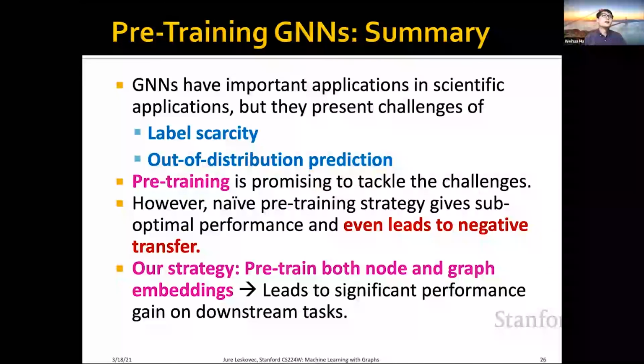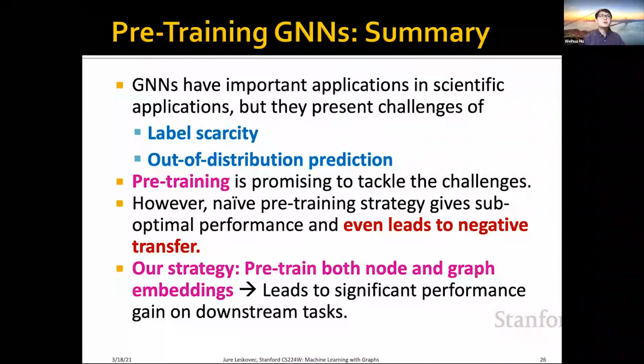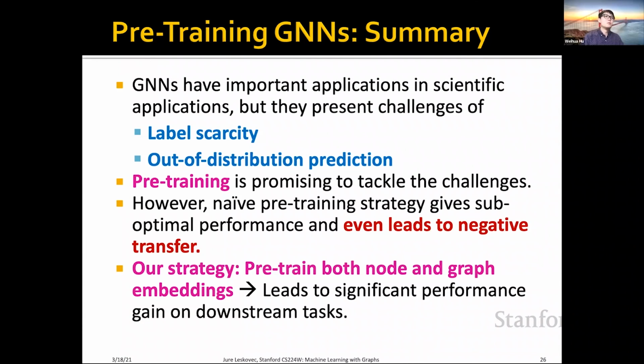So to summarize, we've learned that GNNs have important applications in scientific domains like molecular property prediction or protein function prediction. But those application domains present the challenges of label scarcity and out of distribution prediction. And we argue that pre-training is a promising framework to tackle both of these challenges.